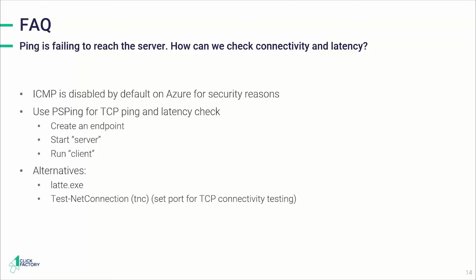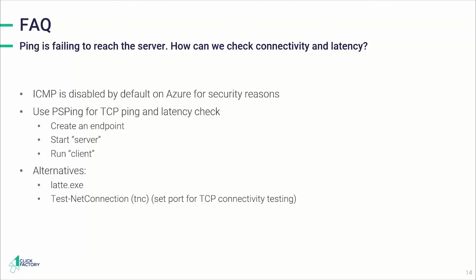Then you start the receiver, or the server, on the Azure virtual machine that you provision on our platform. And then from the client computer, you run the same PsPing with client parameters. And that's it. Then you can check both the connectivity and the latency.